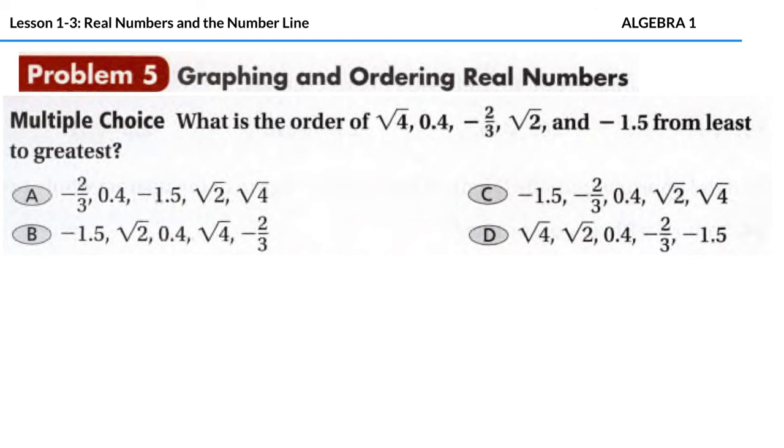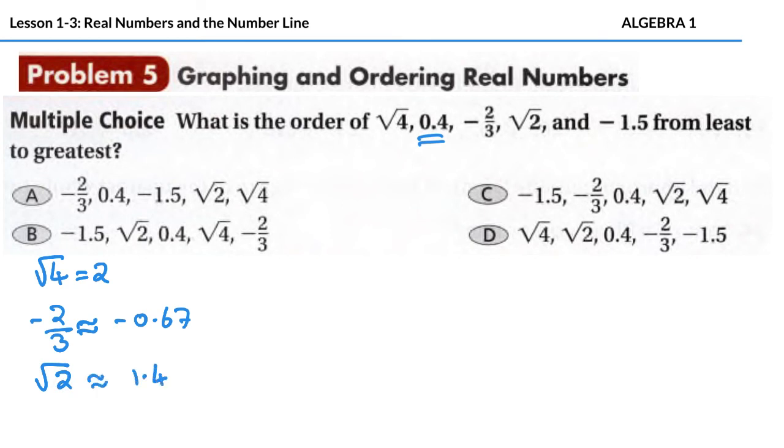So square root of 4 is 2. And then we have 0.4 as it is. Let's change negative 2/3 into decimal. That's approximately negative 0.67. And how much will square root of 2 be? Approximately 1.414 or 1.41.